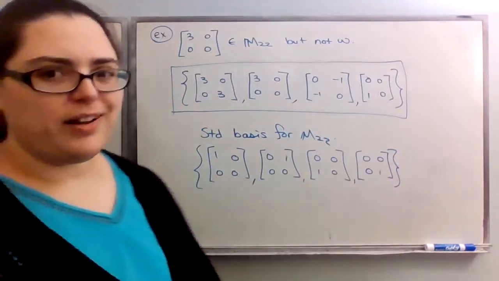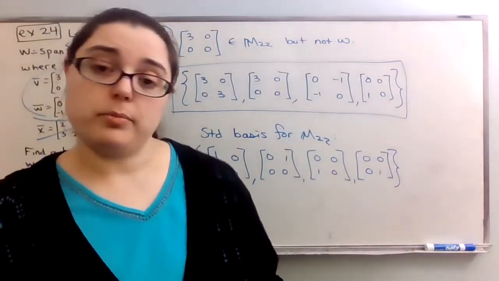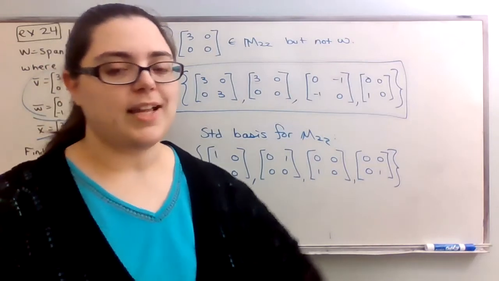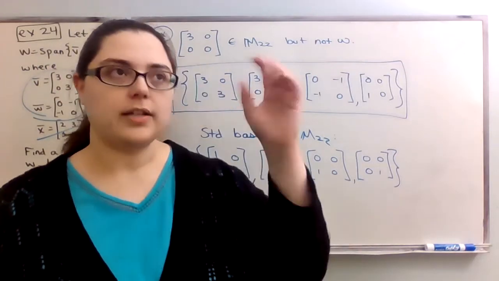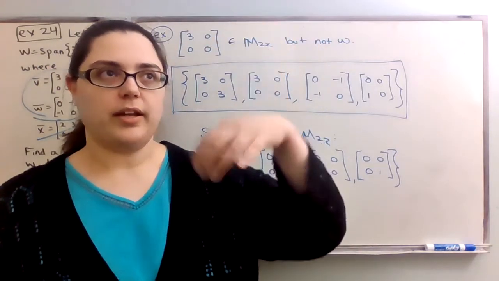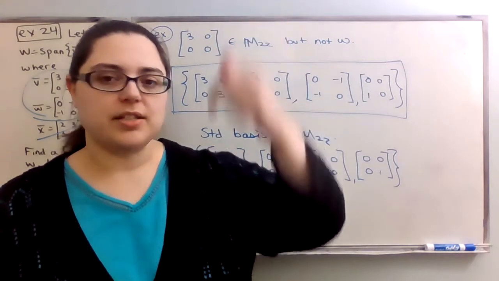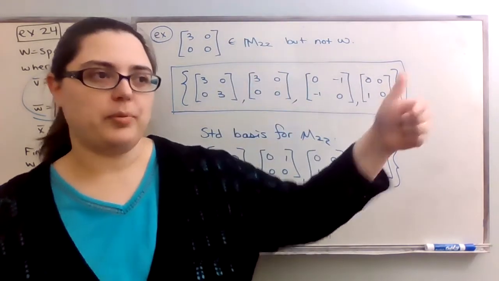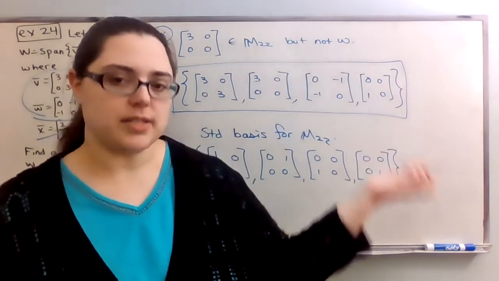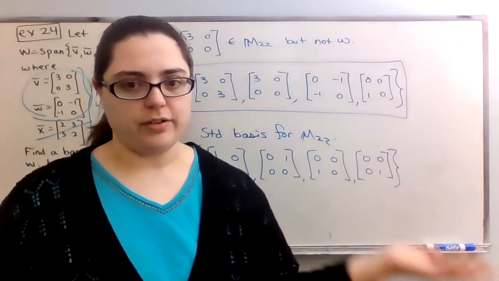And this is going to operate a lot in the same way that the standard basis for Rn does, right? The idea behind the standard basis for Rn is that whatever your entry is in your column, you just pick up that many of the standard basis element, and that's how you create your vector.